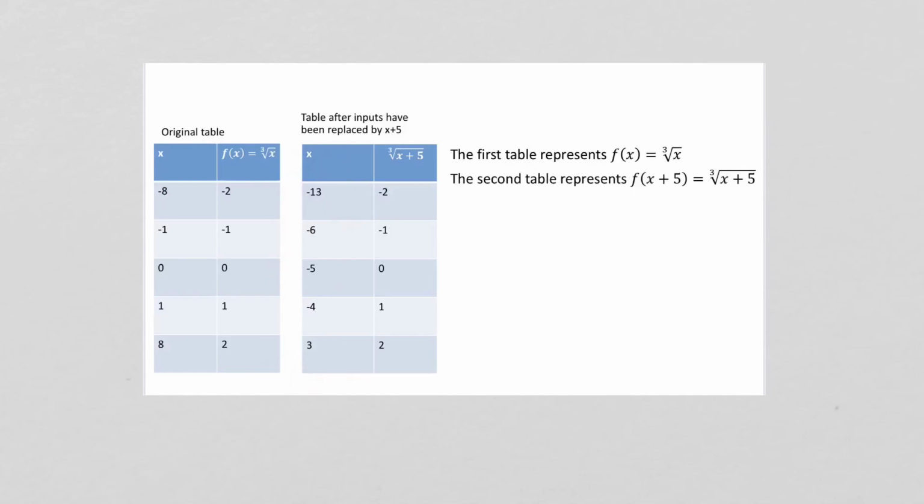So now we have points at -13, -2; -6, -1; -5, 0; -4, 1; and 3, 2, just subtracting 5 from all of our inputs. What happens to the outputs? Nothing, because all we're affecting is our inputs by replacing the inside with x plus 5. The outputs are staying exactly the same. So now this is our new table.